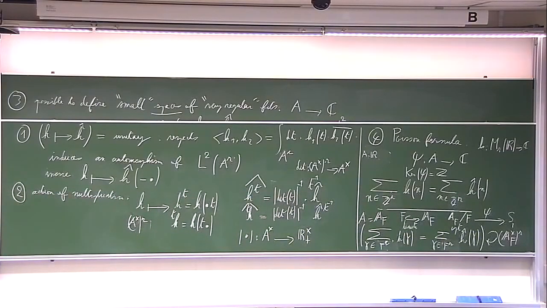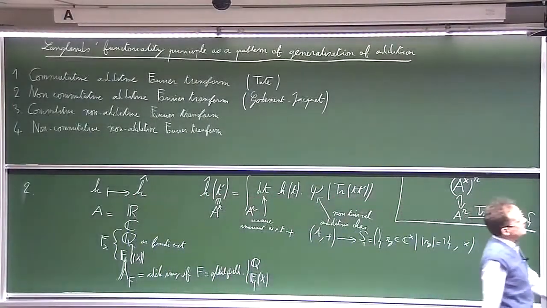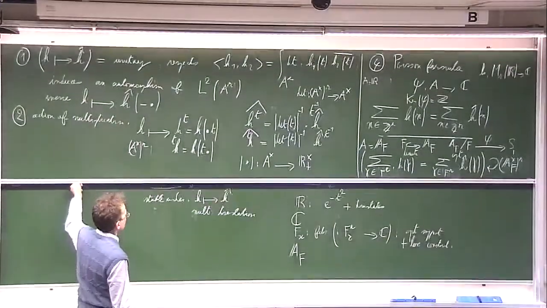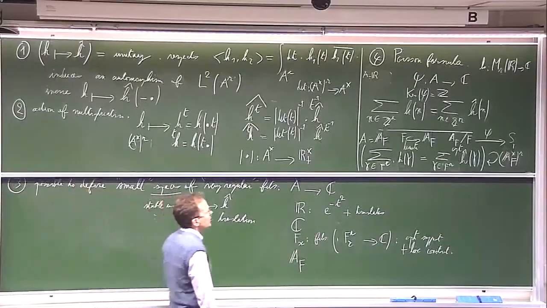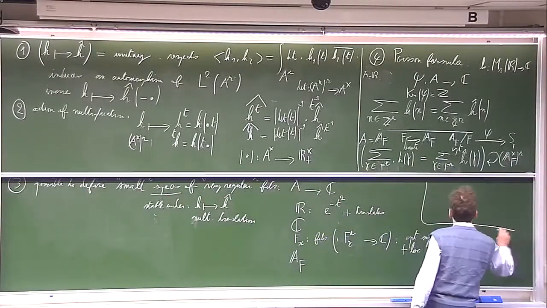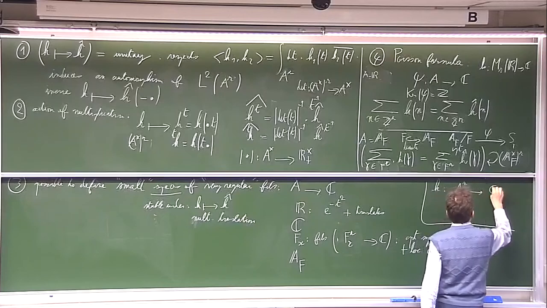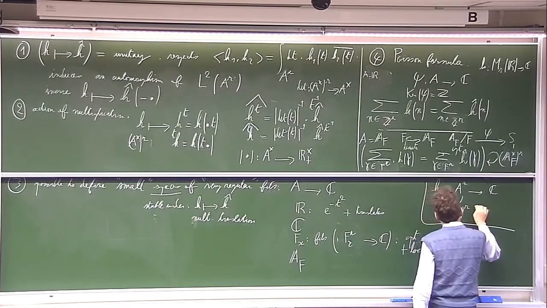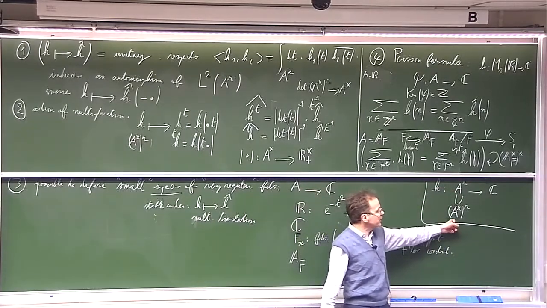In fact, in this part 3, what I want to do is to forget addition. Here you observe that I am considering functions on A to the power R with values in C. But of course, in A to the power R, there is an embedding of A cross to the power R, and this is dense.